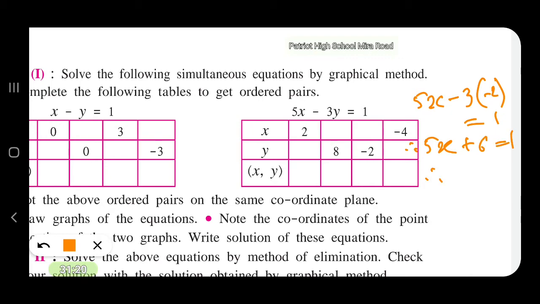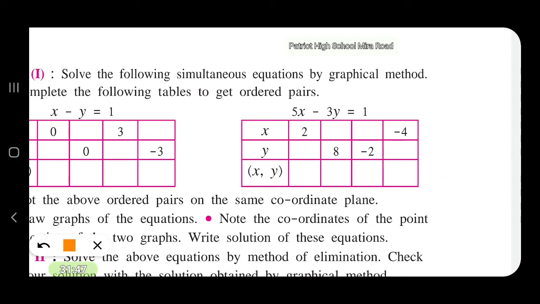Therefore 5x is equal to minus 5, or x is equal to minus 1. So if we take y is equal to minus 2, we will have x is equal to minus 1. So this is your next ordered pair, (minus 1, minus 2).